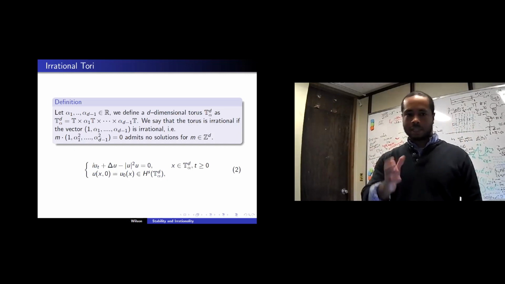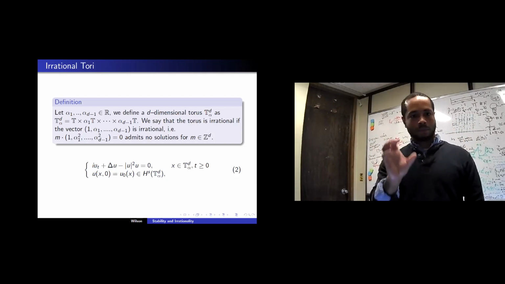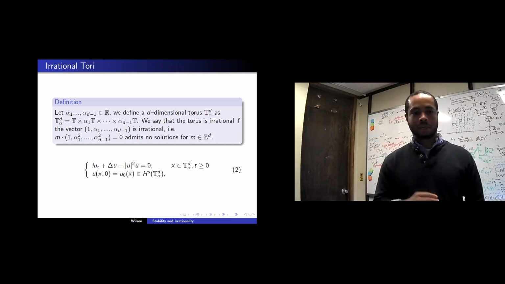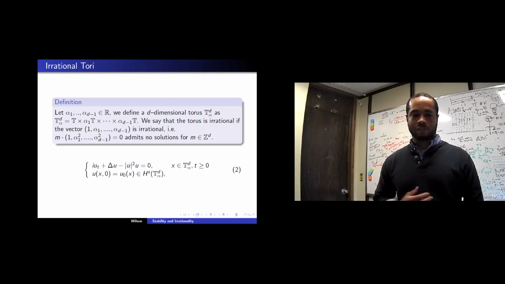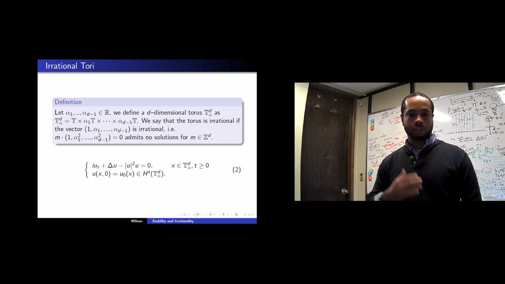So it's a bit of a misnomer, because I'm taking the square and asking for that to be irrational. This is the typical definition of irrational for a vector in R, meaning that any non-trivial integer linear combination of your components is never 0.